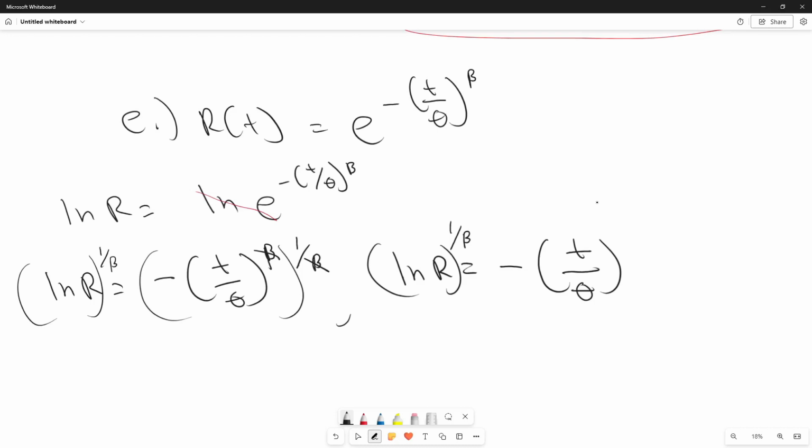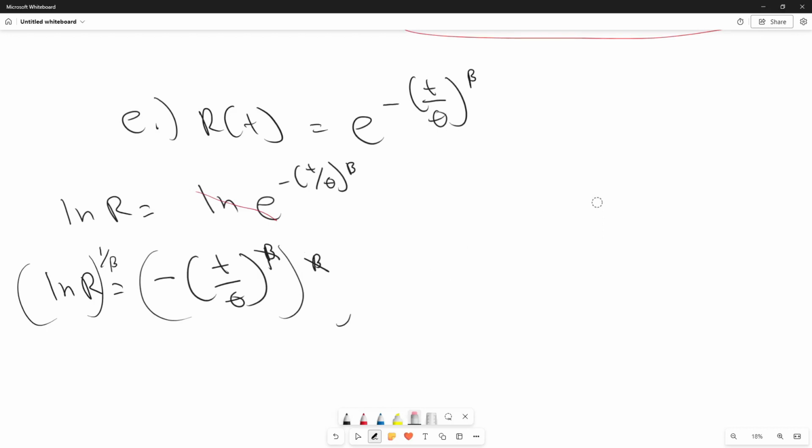Actually, before that we could multiply both sides by negative 1, so this turns to plus and this turns to negative. This was still raised to the power beta, so now we can say raised to the power 1 over beta, so this cancels this.